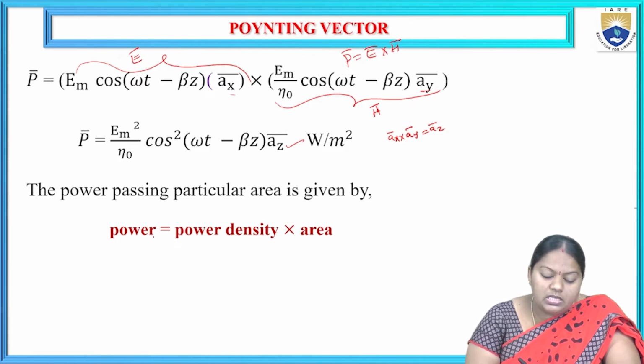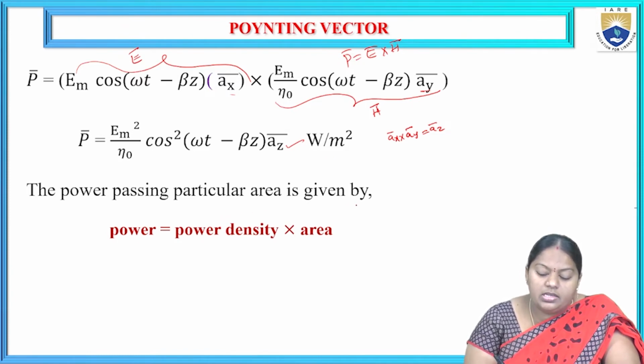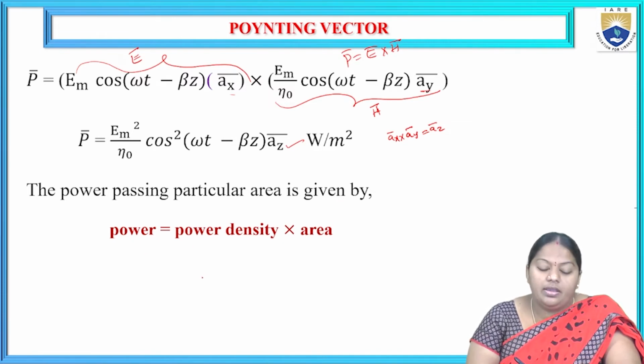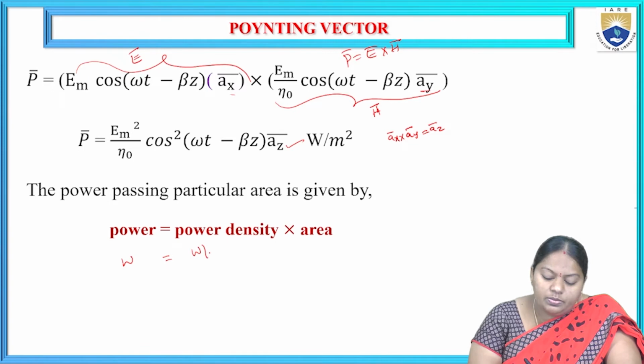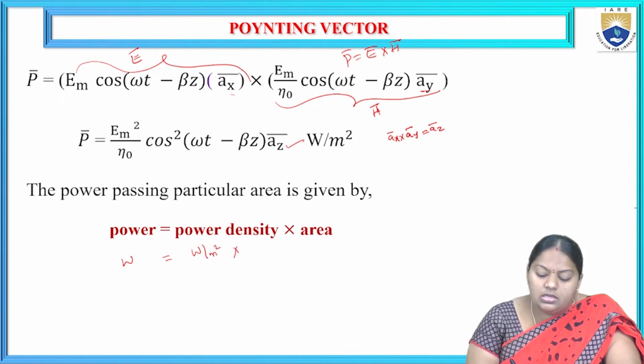And the power passing through a particular area is given by power equals power density into area. In general, this power is measured in watts, power density is in watts per meter square, and area is in meter square.